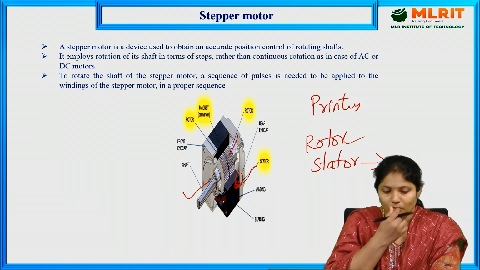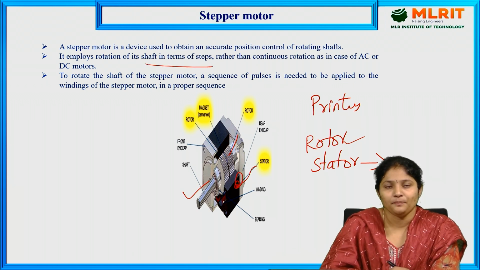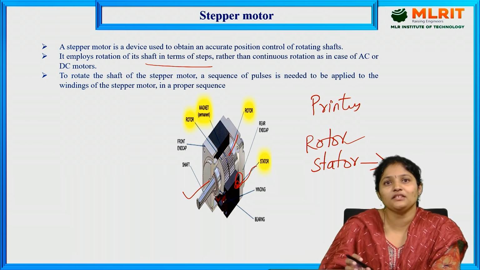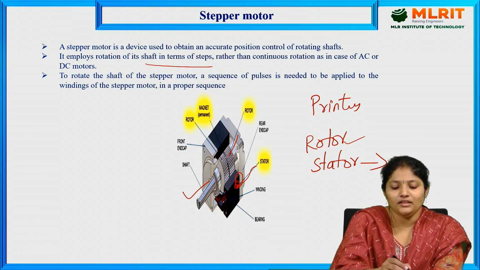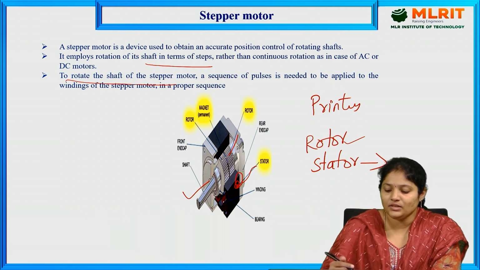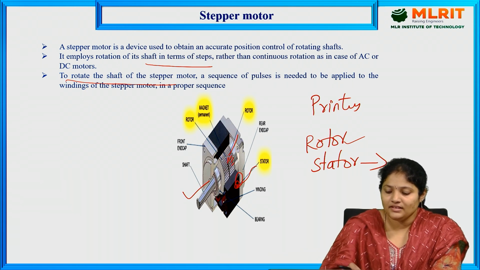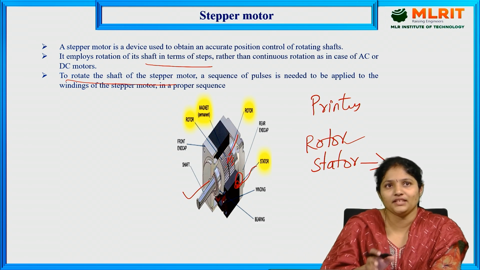And the stepper motor rotates the shaft in terms of steps, rather than continuous rotation as in the case of AC and DC motors. A sequence of pulses will be applied to this motor. Pulses need to be applied to the windings of the stepper motor to get the proper sequence.